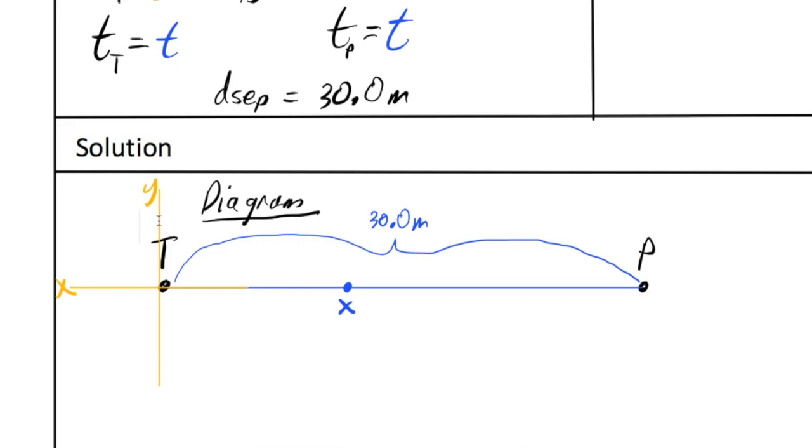Do you have to do it that way necessarily? No, it just makes more sense, and we can avoid unnecessary negative signs. We could make Phil the 0 point, but then Tom's position would be negative, and that's just less intuitive to do mathematically. That being said, I'm going to say Tom's position is at the 0 meter mark, and that means Phil is at the positive 30 meter mark right here.